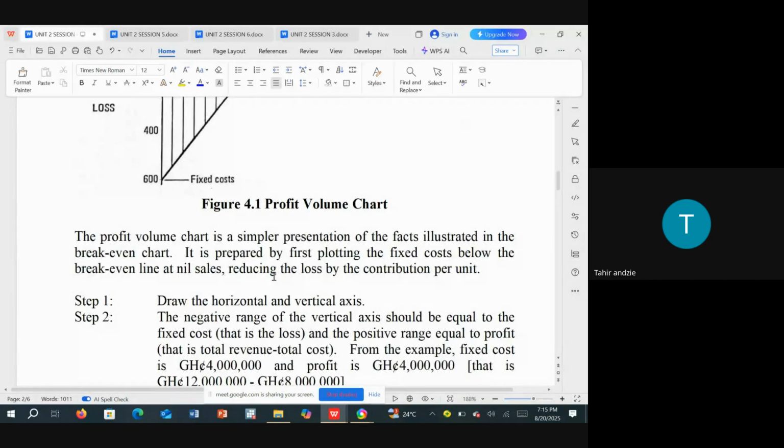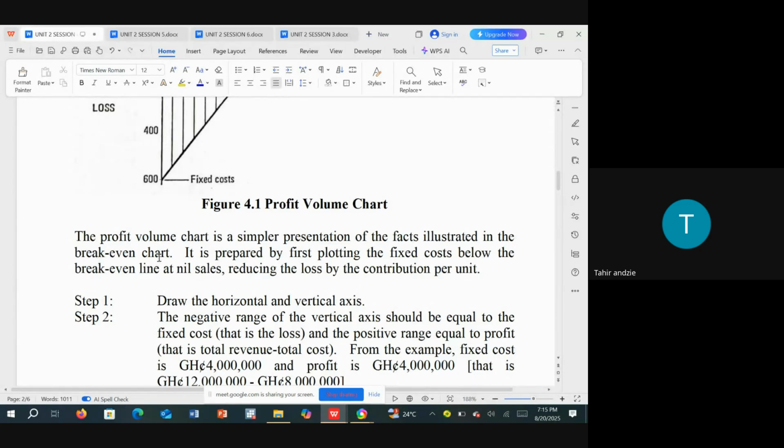Let's look at the step-by-step process of undertaking the profit volume chart. Now, the profit volume chart is a simpler presentation of the facts illustrated in the break-even chart.